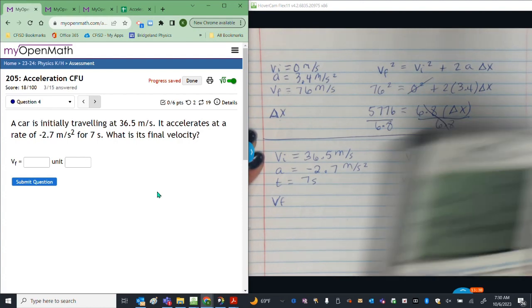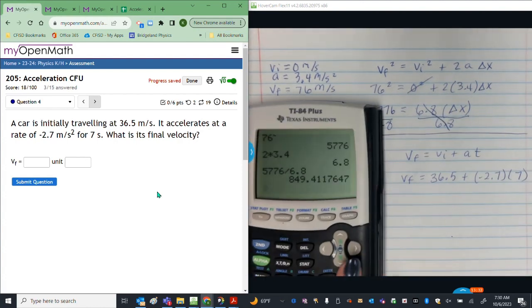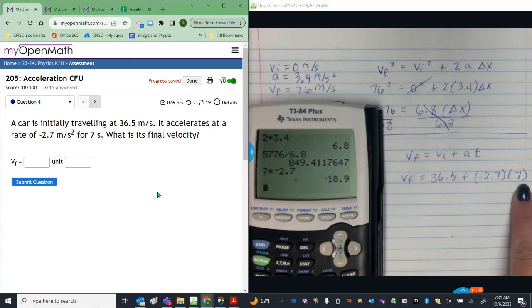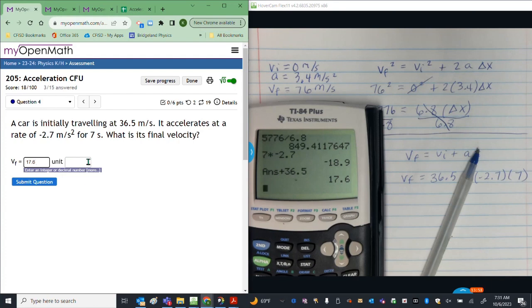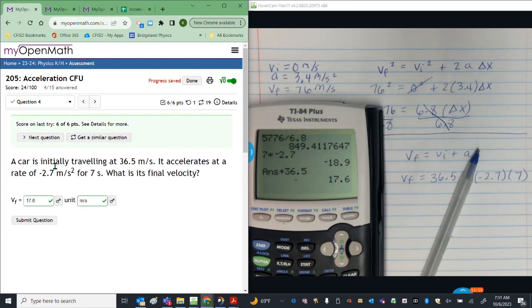Okay, so now it's just order of operations in algebra. So 7 times negative 2.7 is negative 18.9 for this, and then I need to add that to 36.5, and I get 17.6. So that will be my final velocity, 17.6. My unit will be meters per second. Does anybody have a question about this one? No? Okay.